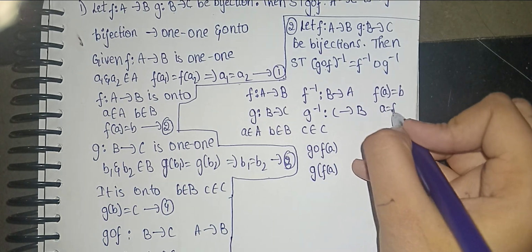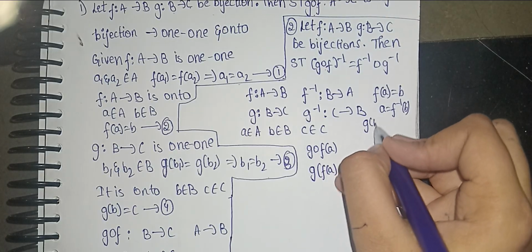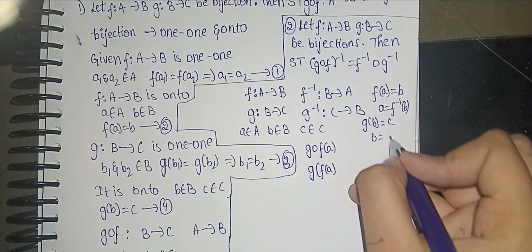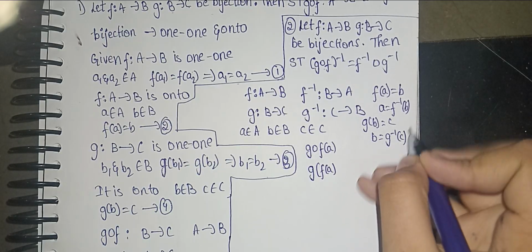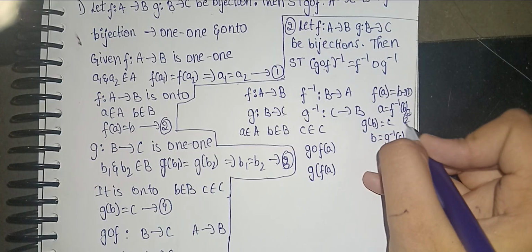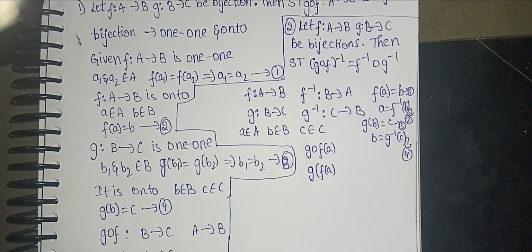So, a will be f inverse b. g of b is equal to c. So b will be g inverse c. This is first equation, this is second equation, this is third, and this is fourth equation.